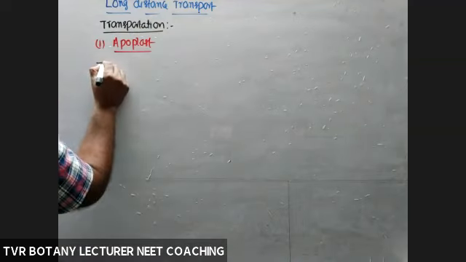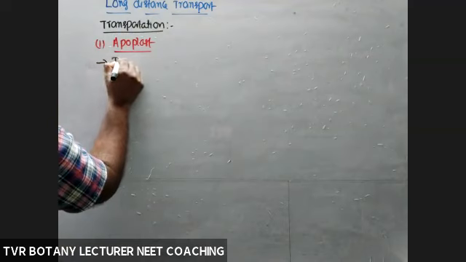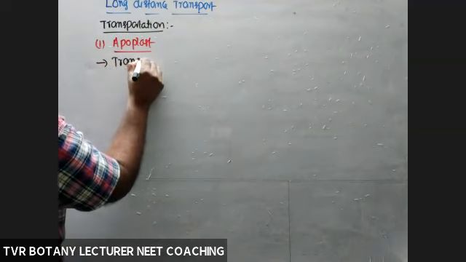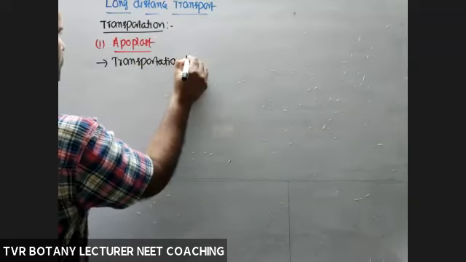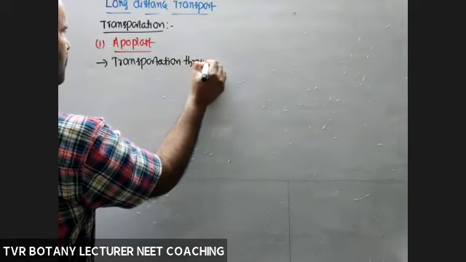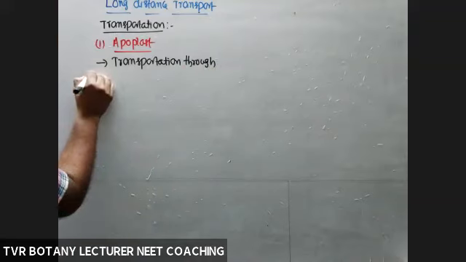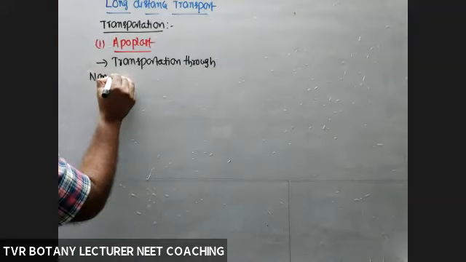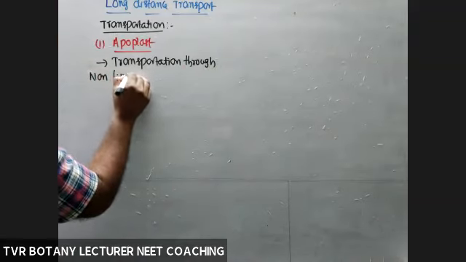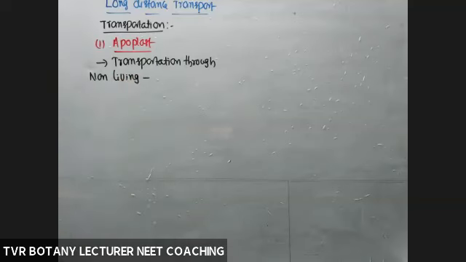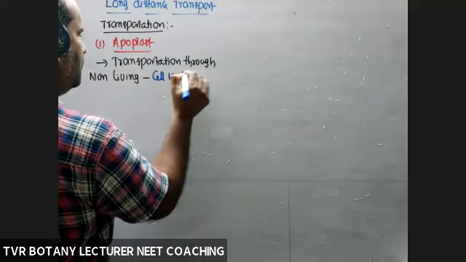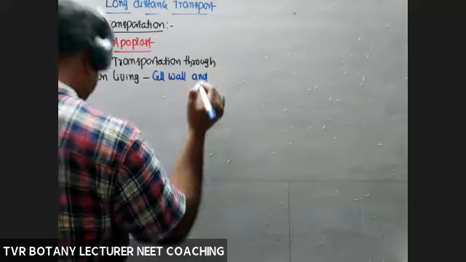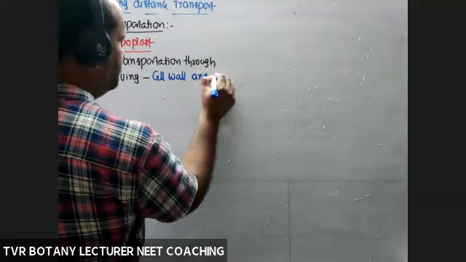So here transportation is through non-living areas, non-living parts. What are the non-living areas? One, cell wall. And intercellular spaces.